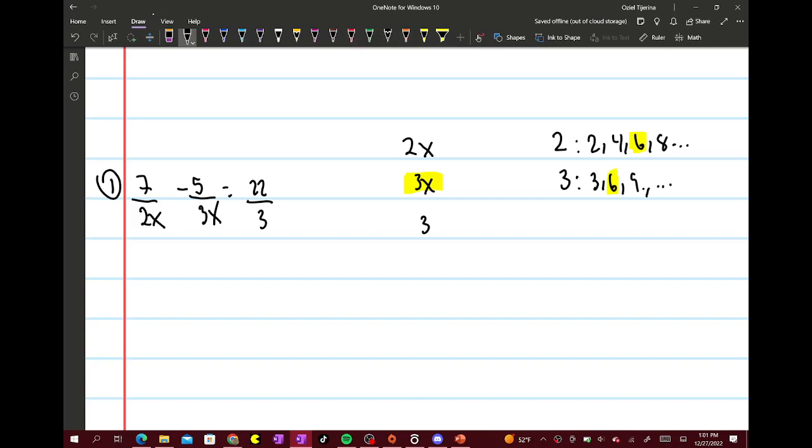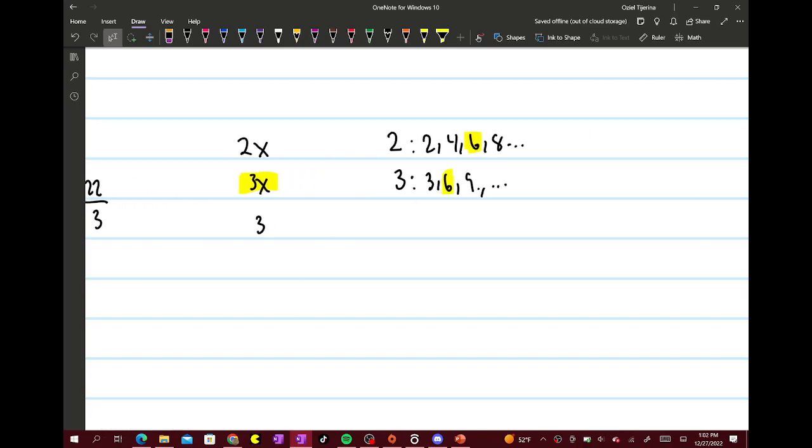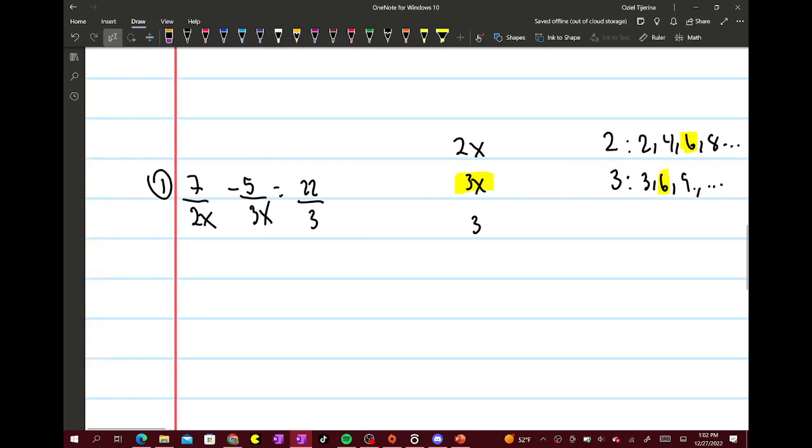So that's one thing I really want to emphasize: when you're doing the common denominator, you want to include the variable, so that the variable is also part of the least common denominator, right? So we know that they can all have an x term on it.